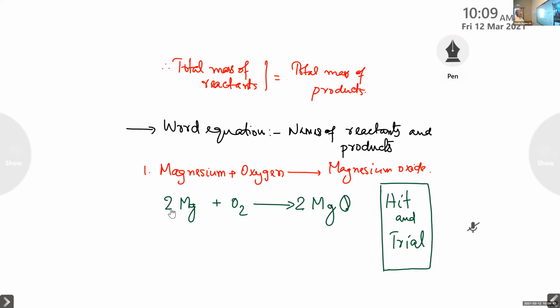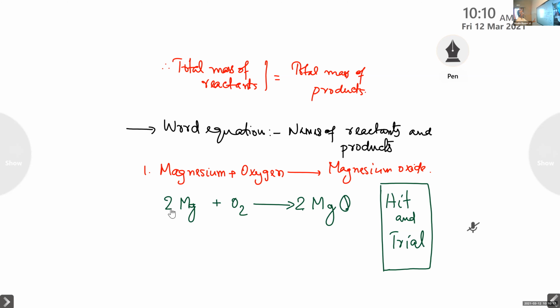Magnesium, is it in the solid state? Is it in the liquid state? Is it in the gaseous state? Nothing is mentioned. Only magnesium. Similarly, oxygen in the air is in the gaseous state, no doubt, but nothing is mentioned there. MgO, magnesium oxide. Is it in the solid state? Is it in the liquid state? Nothing is mentioned.